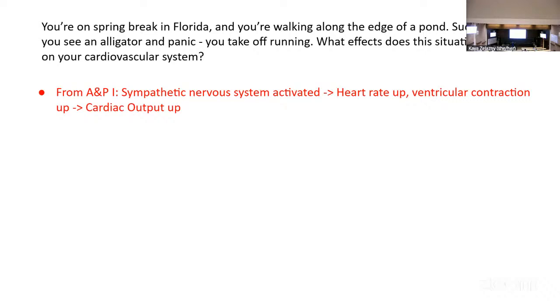So from ANP1, we know that our sympathetic nervous system, when it's activated, is going to get our heart rate up, affecting cardiac output, increasing it. It's going to get our stroke volume up by increasing our ventricular contraction. All right, so cardiac output going up there because we have that communication with both the electroconduction system of the heart as well as the myocardium of the ventricles itself.